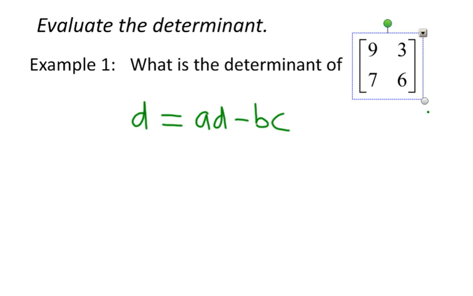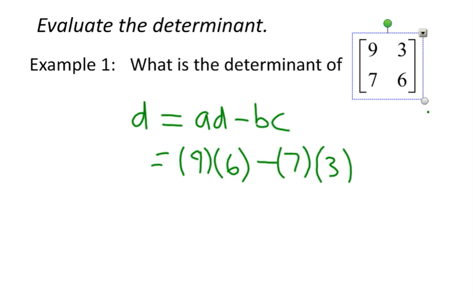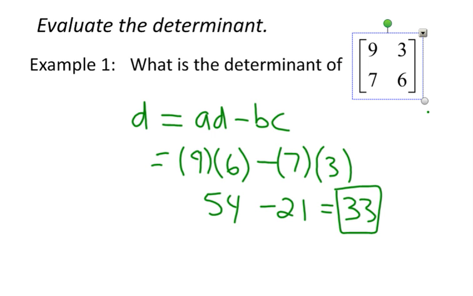So we have 9 times 6 minus 7 times 3. So 54 minus 21 is equal to 33. So the determinant for this matrix is 33.